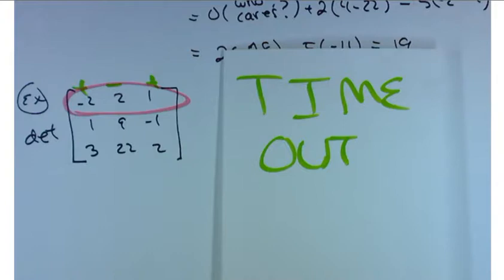Okay. So, I'm not sure which one to copy down. You just copy down something. What is it? Well, it's this one right here. -2, 2, 1.